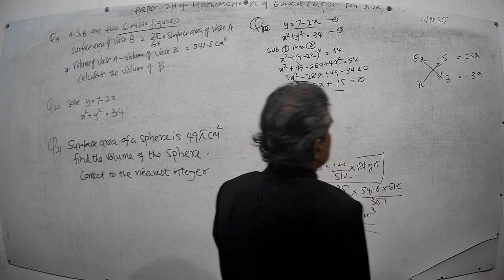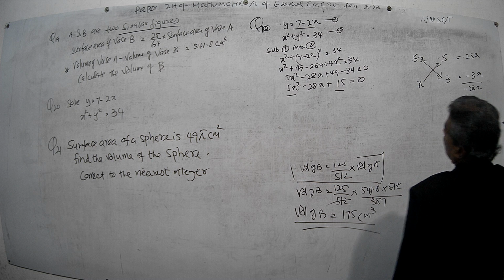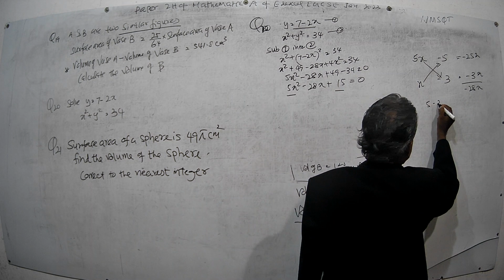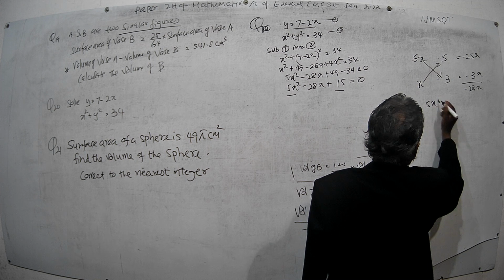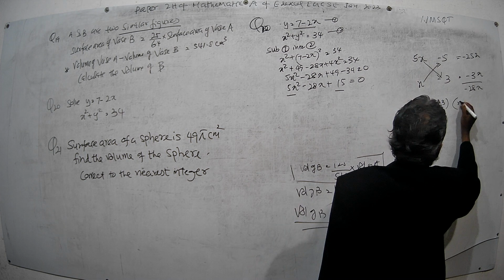Then straight away the factors will be 5x minus 3 and x minus 5.